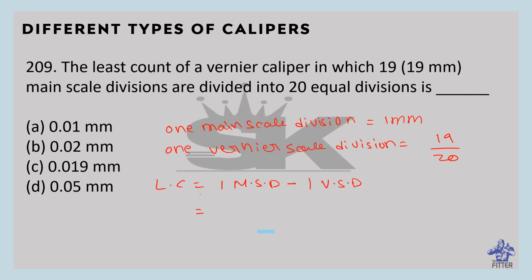Okay, so here 1 main scale division is 1 mm, right? So 1 minus 19/20, that is vernier scale division. So we get the answer 1/20. That's equal to 0.05 mm here. Okay, so the answer is how much? Option D, 0.05 mm.